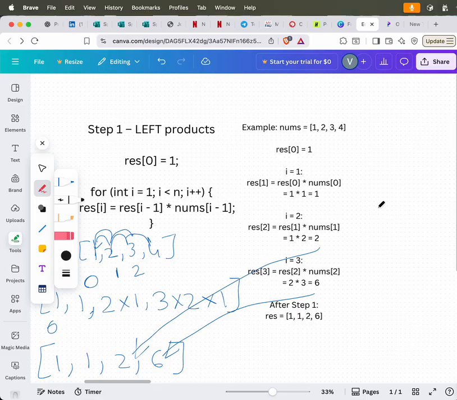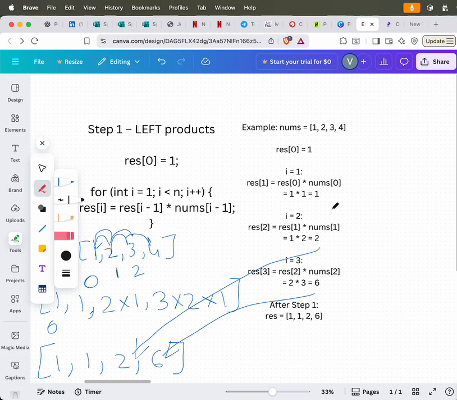Then we go to this. So let's try running step 1 with nums of 1, 2, 3, 4. So res of 0 equals 1. For I equals 1, res of 1 equals res of 0 into nums of 0, which is 1 into 1, which equals 1.